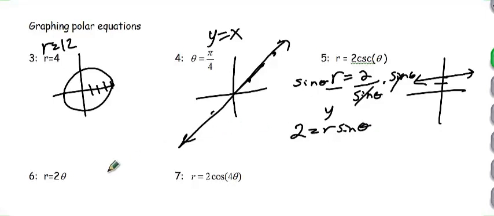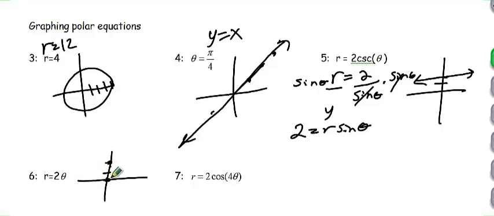Alright. Next one's one of my favorites, r equals 2 theta. Okay, well let's just try to do this kind of more by points. So if theta equals 0, the radius is 0. And as theta gets bigger, r is going to get bigger. So as you start going around here at pi over 2, the radius is going to be pi? Well, like 3.14 along the lines.